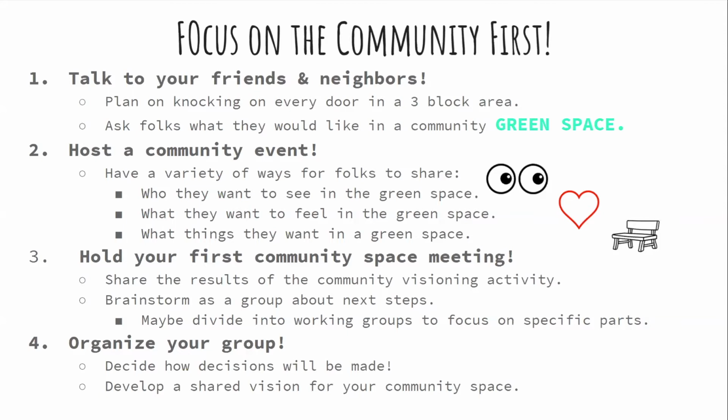The important thing is that your community has an agreed upon plan for how to make those decisions. And then through that, you're going to develop a shared vision for that community space. So through learning how to work together and organize as a group, you want to think about how those decisions are made and how that translates into the green space that you are developing collectively.